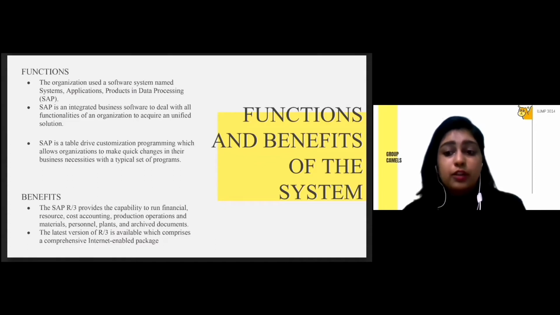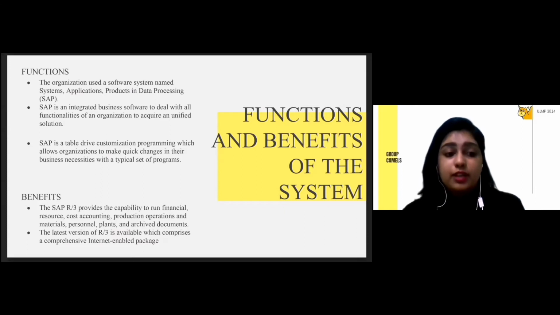The full name for the software system is Systems, Applications, Products in Data Processing, which is abbreviated as SAP. SAP is an integrated business software to deal with all functionalities of an organization to acquire a unified solution. It's a table-driven customization programming which allows organizations to make quick changes in their business necessities with a typical set of programs.